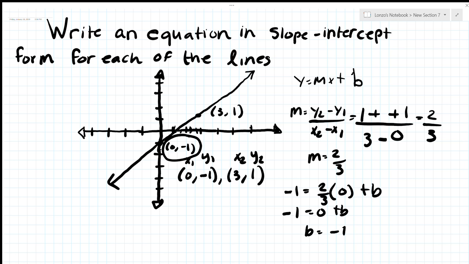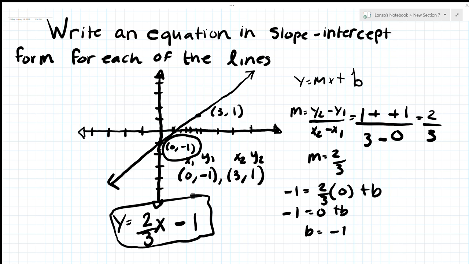Now we know everything, and we could put it in this form. So y equals m, which is 2/3, times x, plus b, which is -1. So that's how you write it in slope-intercept form when you're given 2 points.